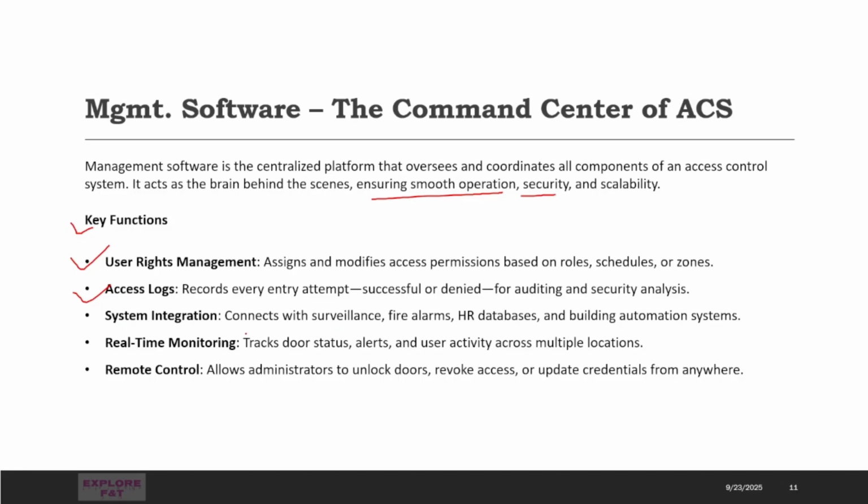System integration means we can integrate the system through the software only. So connect with surveillance, fire alarm, HR database, building automation system. Surveillance, why? Because sometimes we use the surveillance system as credentials for the access control system. Fire alarm: if there is a fire inside the building, the alarm will send a signal to the controller. At that time the controller will open all the doors, and the lift will be closed.